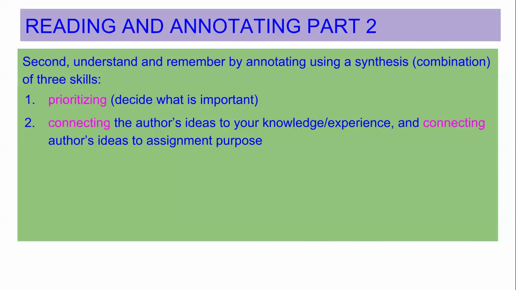But we also used connecting right in the very beginning, because we had knowledge that we connected with the article: the title and the subtitle, the first two paragraphs and the last paragraph should give us a general idea of what this article is about before we start reading, because a prepared mind before reading will yield a much better result.